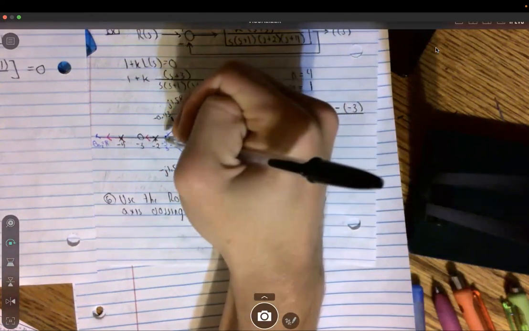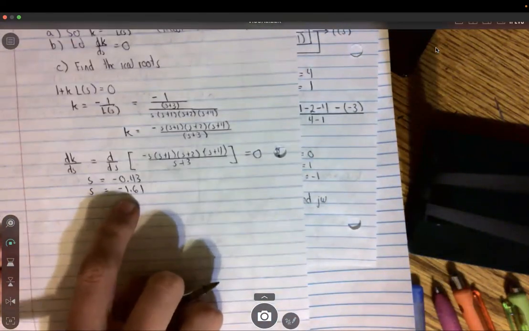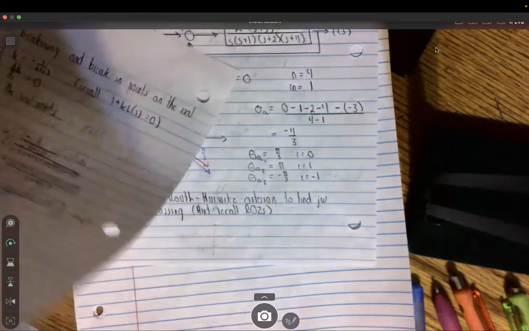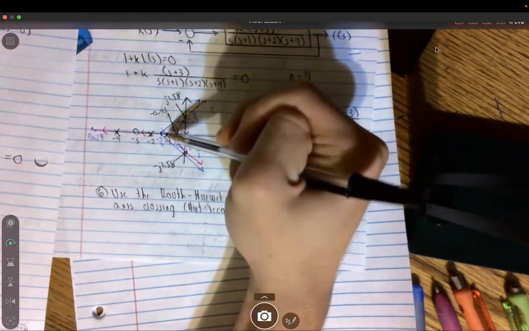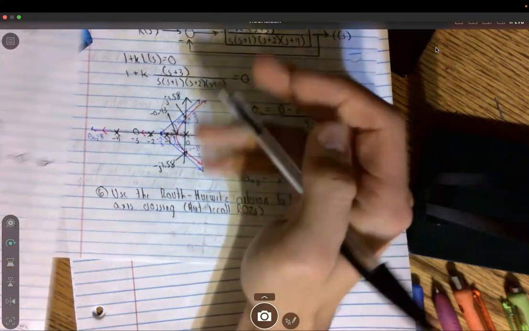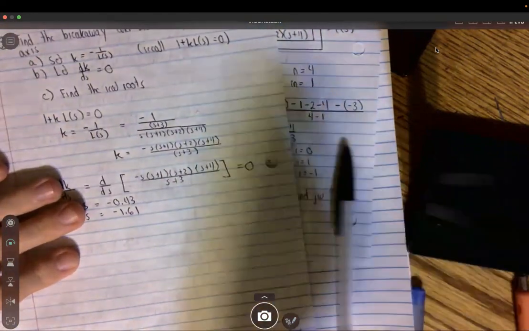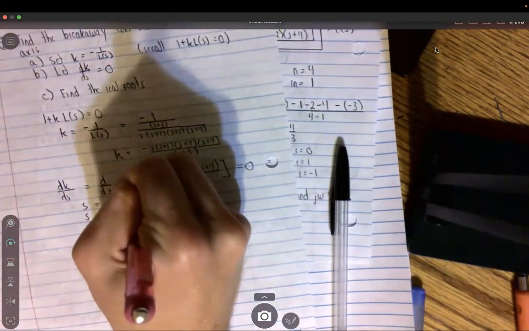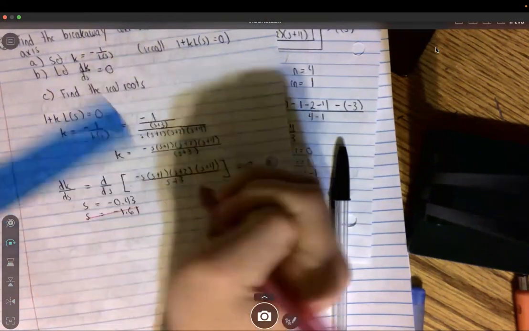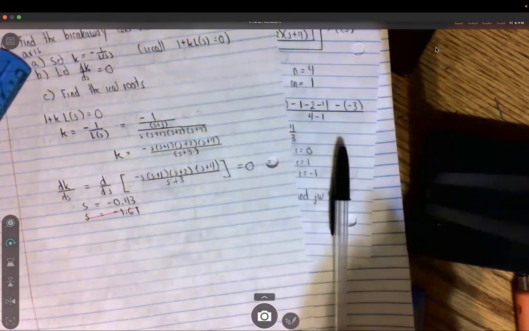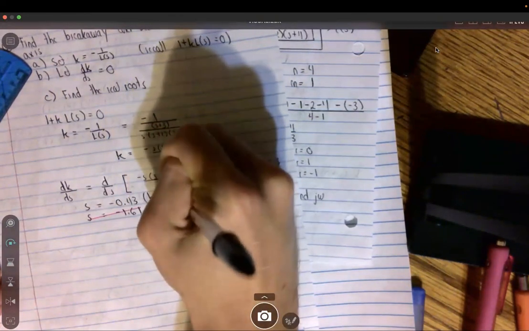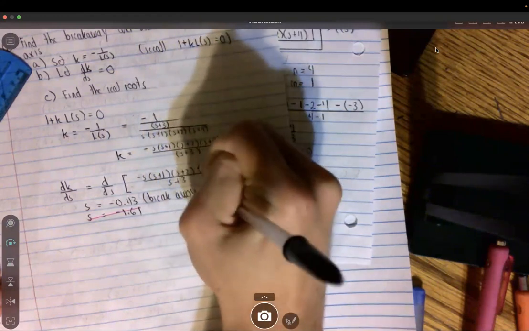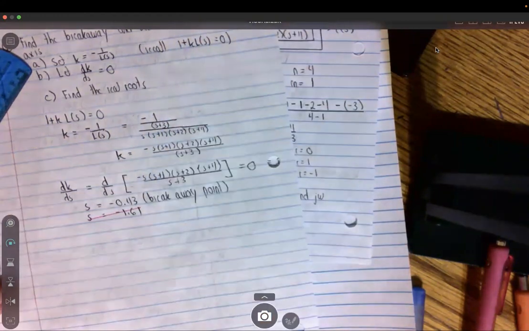Negative 1.61 does not make sense, so it is not a breakout point, because no breakout can occur to the left of an even number of poles. Notice that we have 1, 2. So this value of s does not occur, but this one does. This is a breakaway point. You have to double check them to make sure that they make sense.